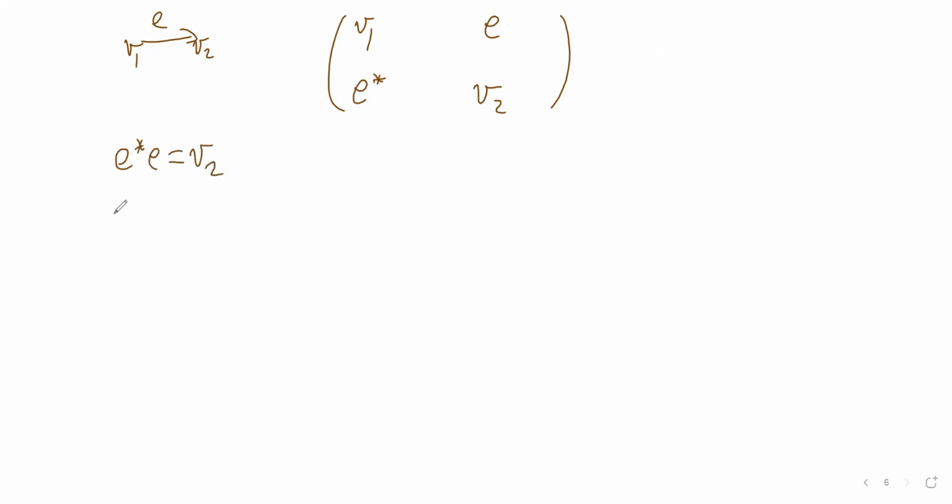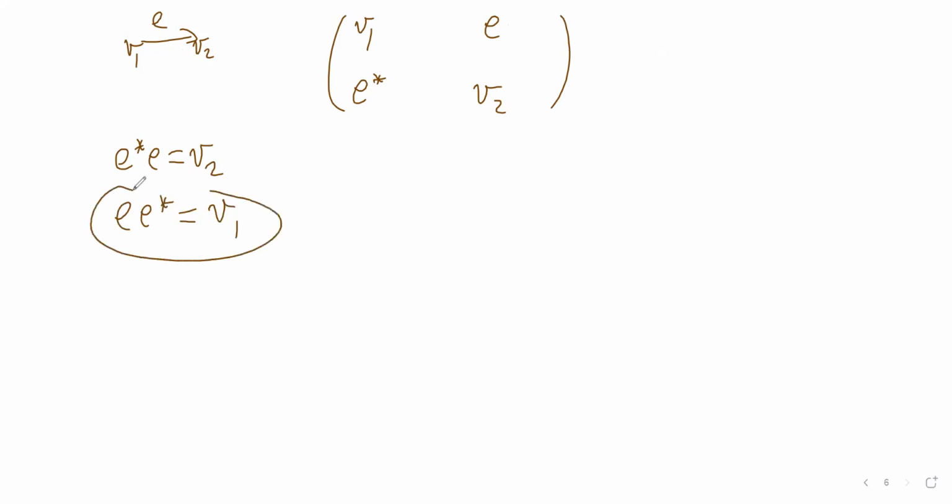Okay, let's check it. So if I denote this edge between V1 and V2 by E, the general idea for Leavitt path algebra is that you have here V1, here V2, and here you have E, and here E star, right? And in the usual Leavitt path algebra, well, of course you have E star E equal to V2, but you also have E E star equal to V1.